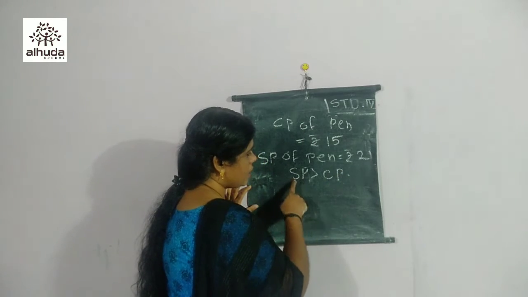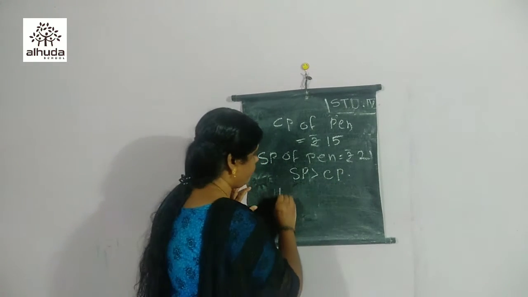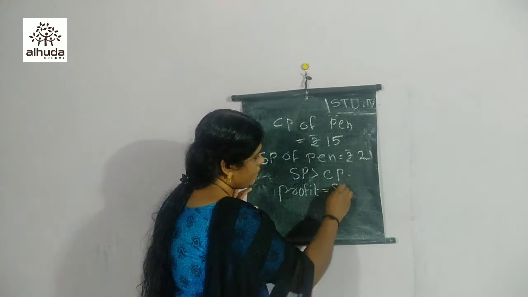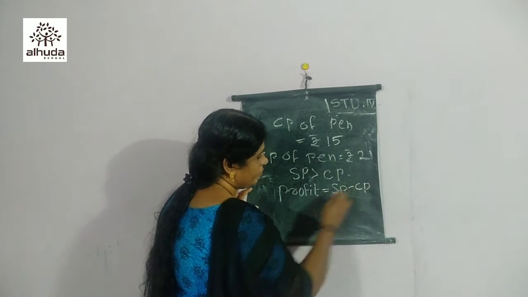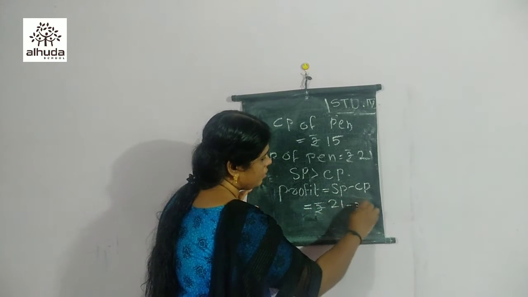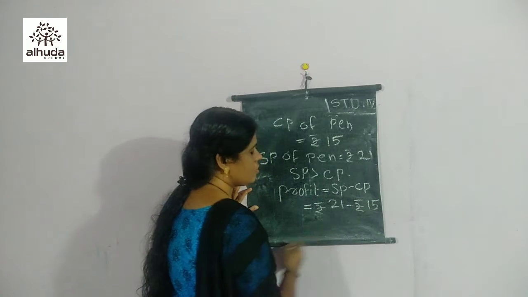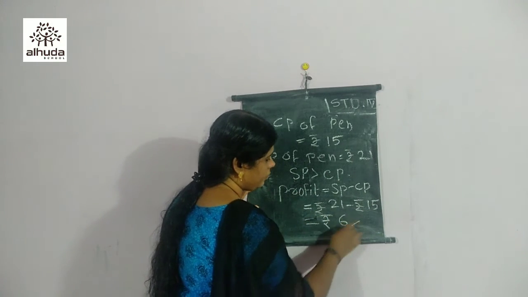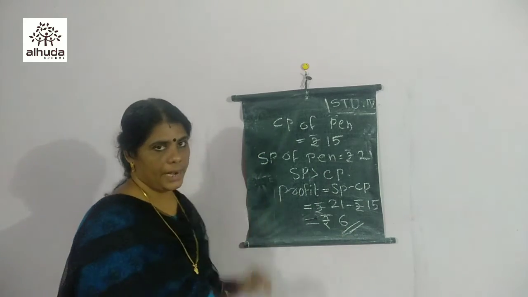When SP is greater than CP, that is profit. Profit is equal to SP minus CP, which is rupees 21 minus rupees 15. So 21 minus 15 is what? Rupees 6. This much profit he had.